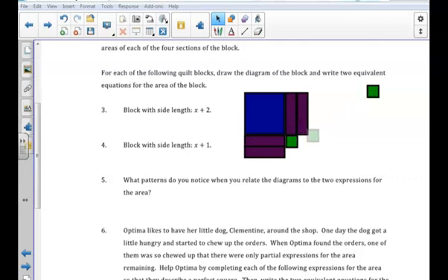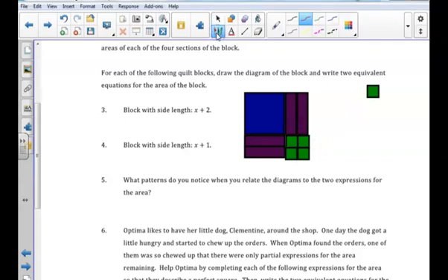There's 1, 2, 3, and 4. And we see that we would need to add 4 of these green squares to make a perfect square. Therefore, an equivalent form for the area of the square of x plus 2 squared would be x squared plus 4x plus 4.